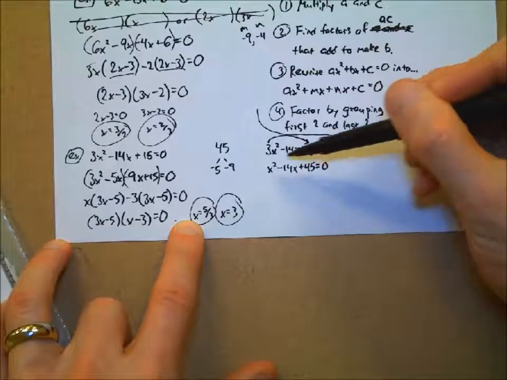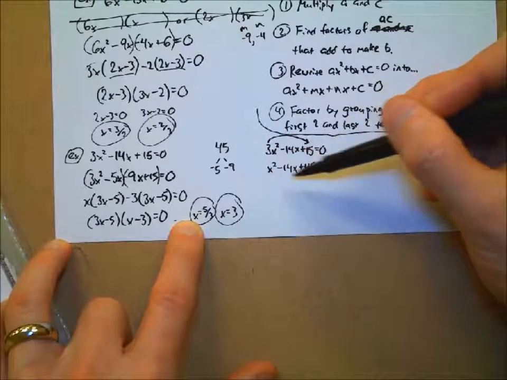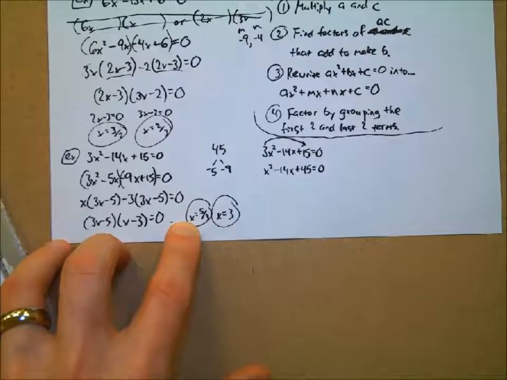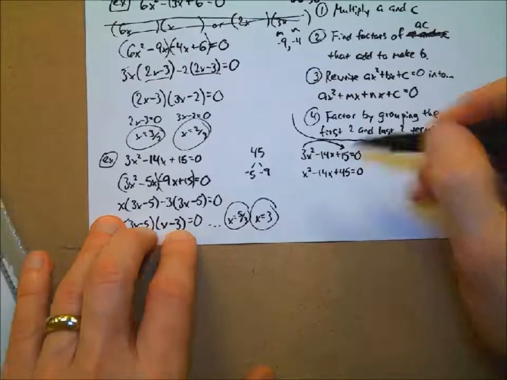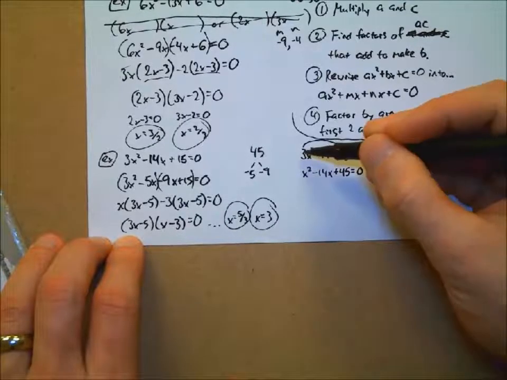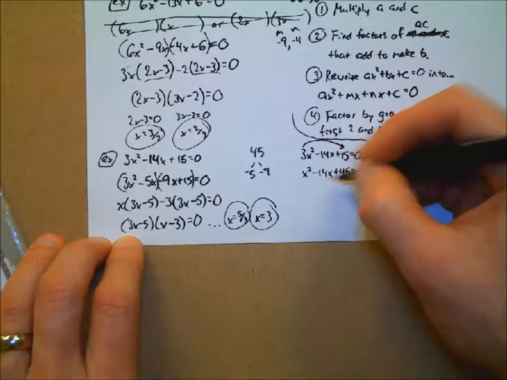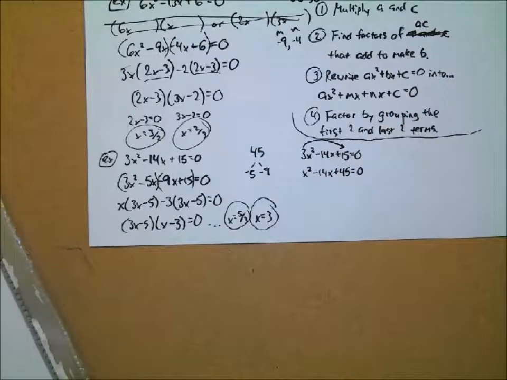Now this problem is not equivalent to this problem, but we're going to use this one to help us solve this one. All right, so again, slide back the 3, multiply with the 15. And then we'll factor this.